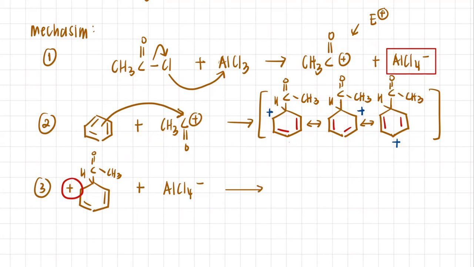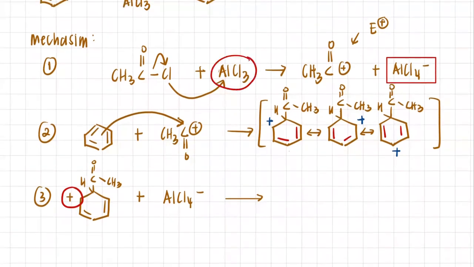As you remember, this AlCl4 comes from this AlCl3. This AlCl3 is your catalyst. The function of a catalyst is that it is consumed in the first step and later regenerated at the last step.